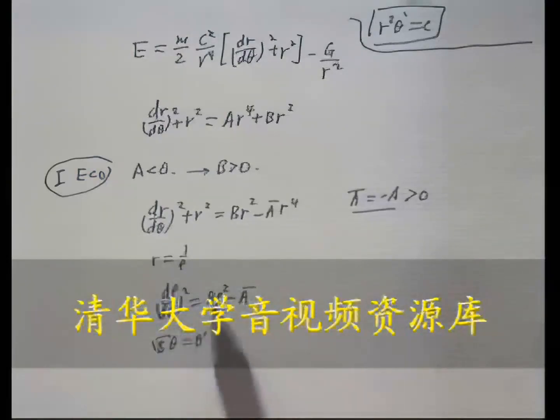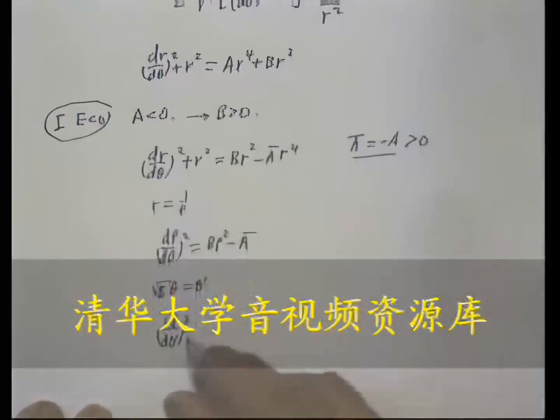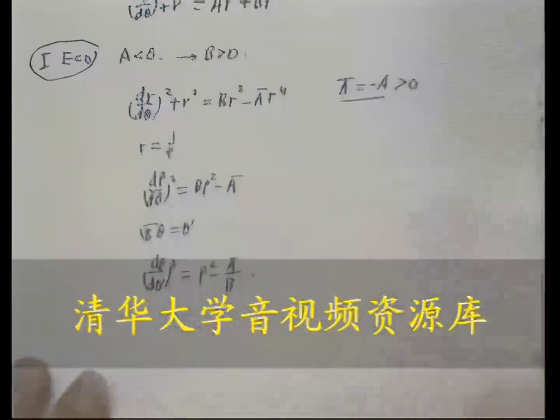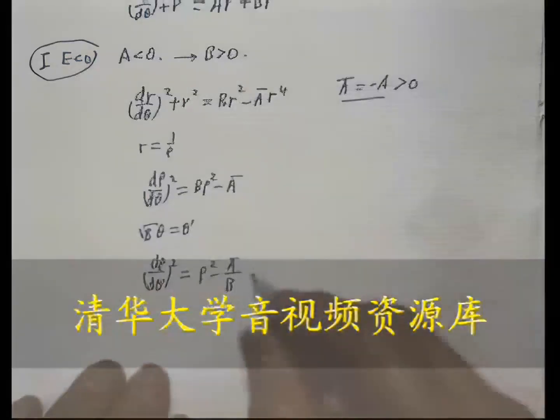If you divide by b, and you take square root of b times theta, you call that theta prime. Then it becomes simpler because it becomes (dρ/dθ') squared is equal to rho squared minus A bar over B. 我们把这个叫做 rho squared minus Q squared.